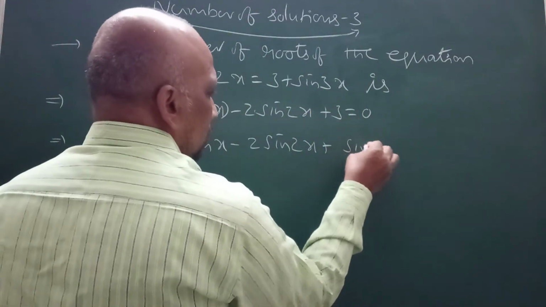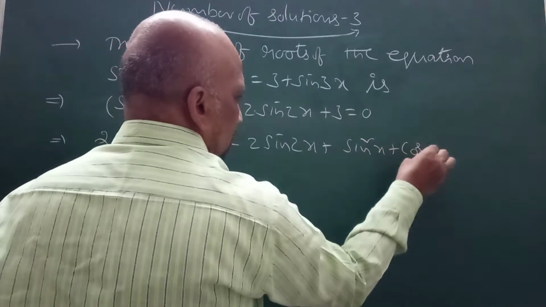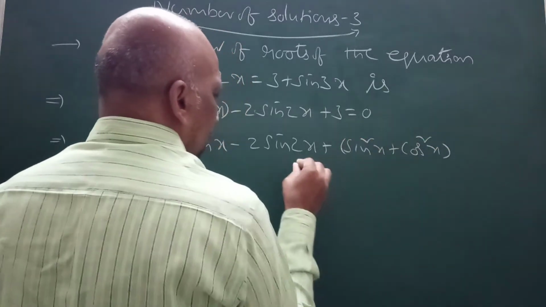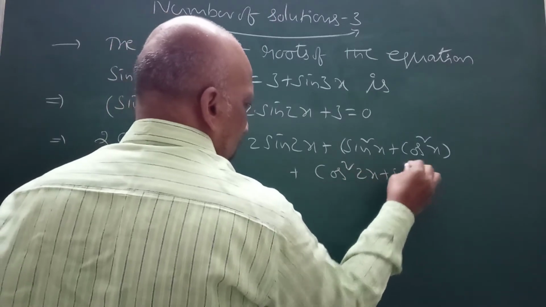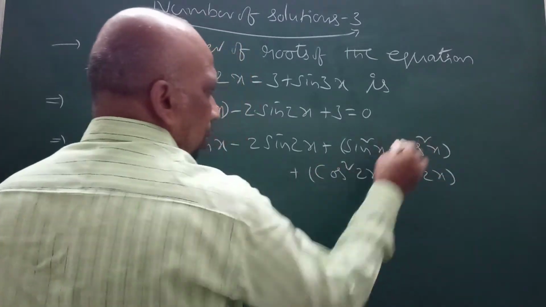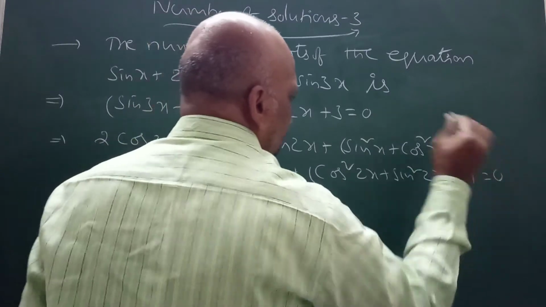For convenience, I can write the 3 as sine square x plus cos square x, plus cos square 2x plus sine square 2x. So this is 1 plus 1, and the remaining 1 I keep as is.